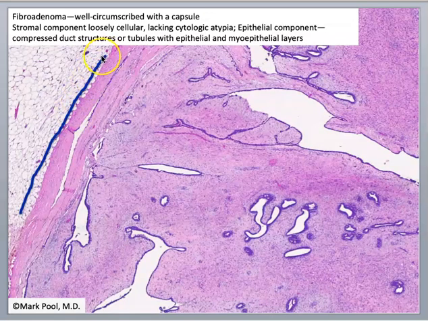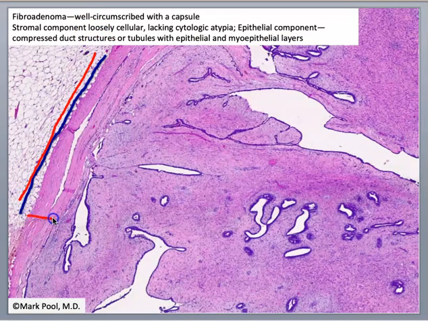And this shows the well circumscribed part of the tumor. It has this fibrous capsule around it and a pushing type of border.